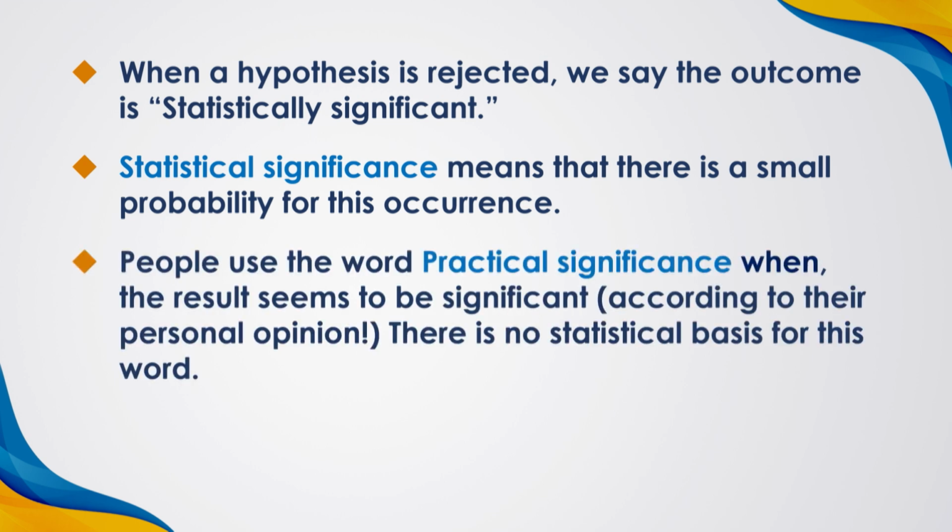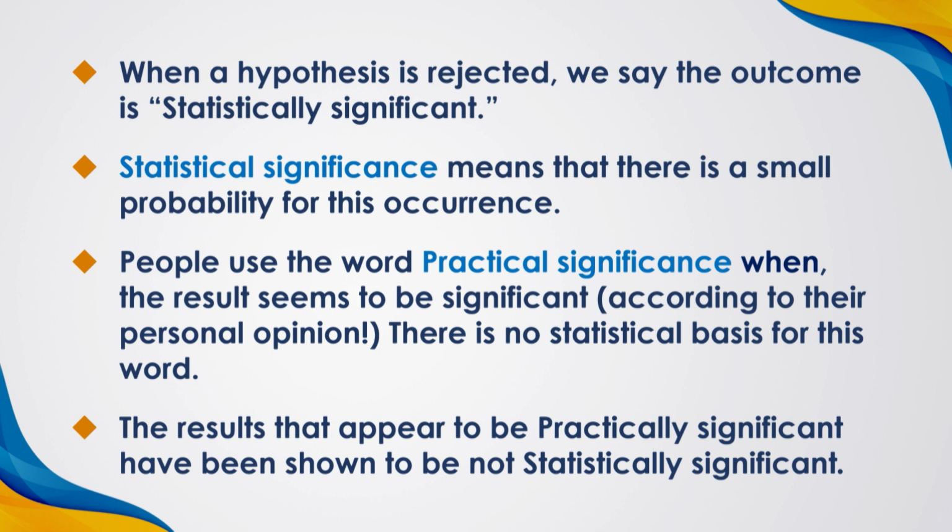People use the word practical significance when the result seems to be significant according to their personal opinion. There is no statistical basis for this word. The results that appear to be practically significant have been shown to be not statistically significant.